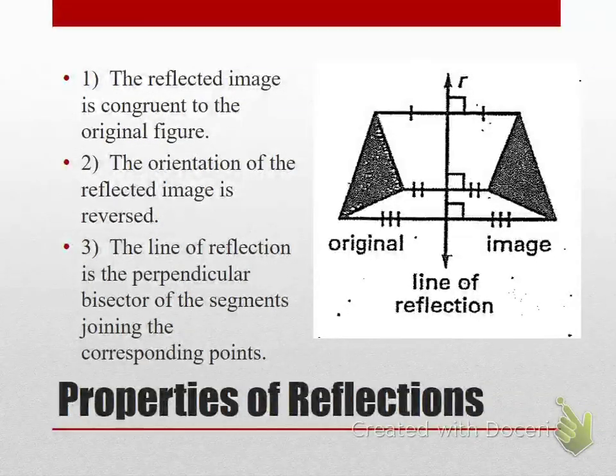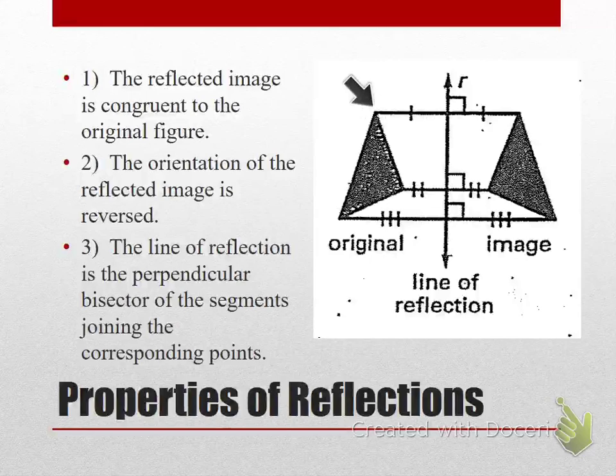The line of reflection is the perpendicular bisector of the segments joining the corresponding parts. Now, that is not super important that you have that statement memorized. It's more of just a fun fact.